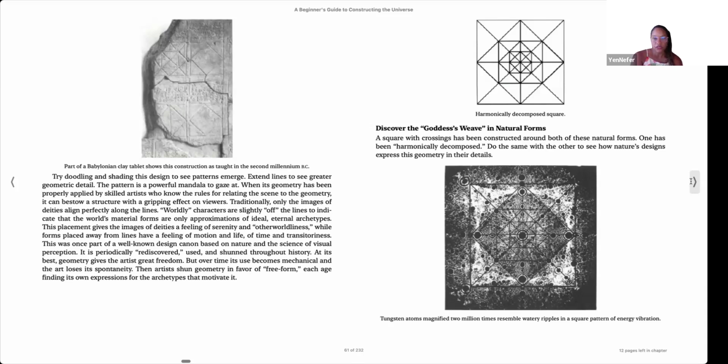Discover the goddess weave in natural form. A square with crossings has been constructed around both of these natural forms. One has been harmonically decomposed. Do the same with the other to see how nature's designs express this geometry in their details.